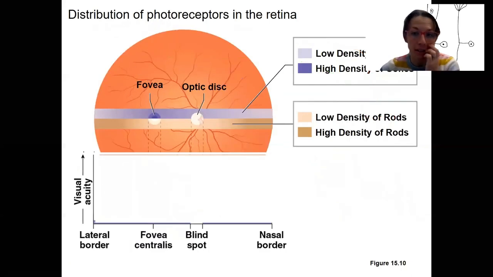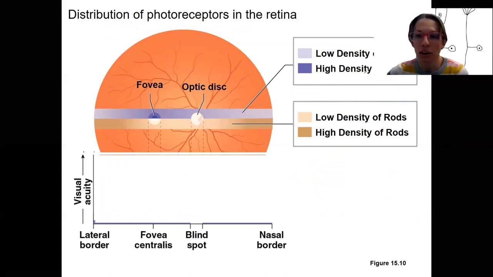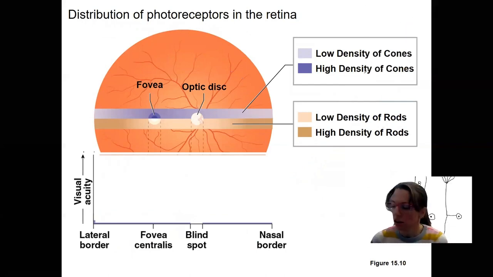This image here is similar to what you've seen before in terms of the photograph of the back of a retina, and the fovea is right here, optic disc is right here. What this is adding in here is the density of rods and cones across the retina. So the distribution of photoreceptors.